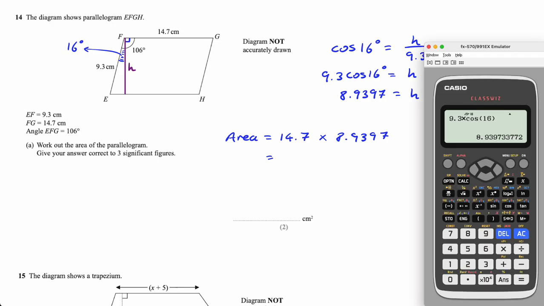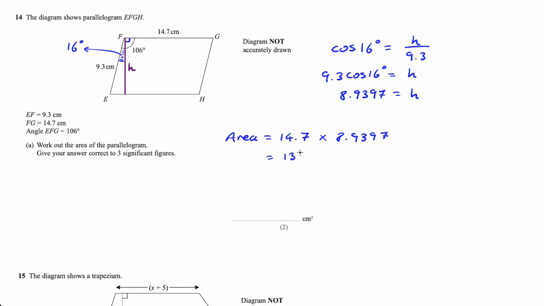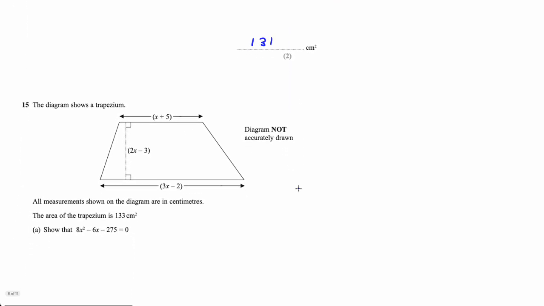So this times 14.7, 131.414. He says 3 significant figures: 1, 2, 3, stop at the 1. This is a 4, so keep it where it was. So it's 131 centimeters squared. Okay, that's the first past paper question.